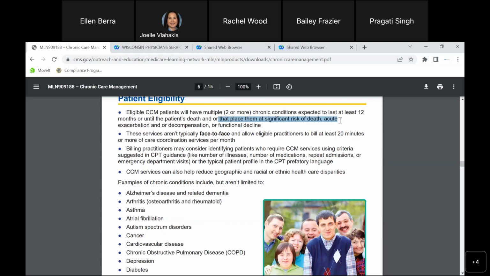It places the patient at significant risk of death, etc. However, the patient does not have to be in crisis in order to receive chronic care management services. So you could have a beneficiary, let's say they have diabetes and hypertension.